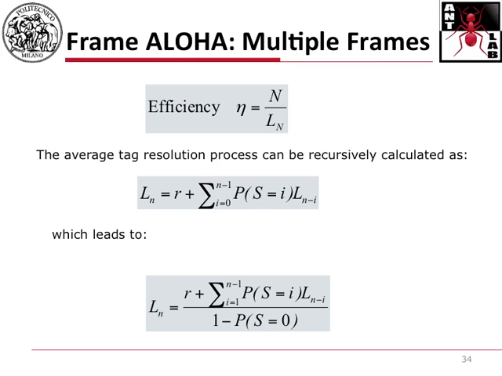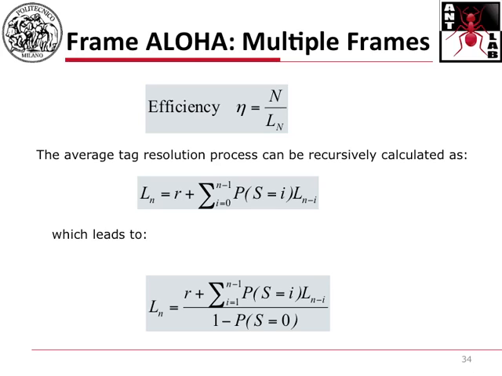So efficiency is always eta, the ratio between the number of initial tags over the duration of the arbitration phase, L of n. So what we have to find is what is this L of n. So what is the size of the overall arbitration process, which is taken by the multi-frame Aloha.